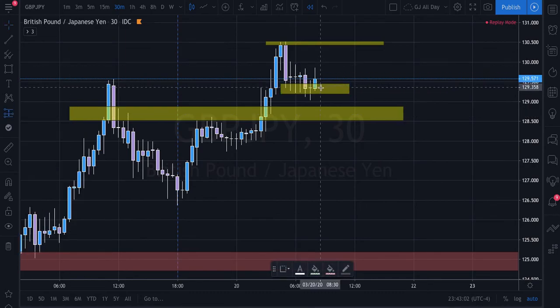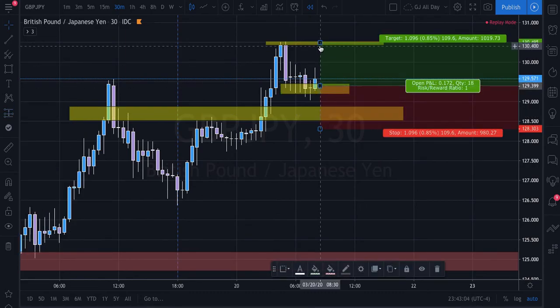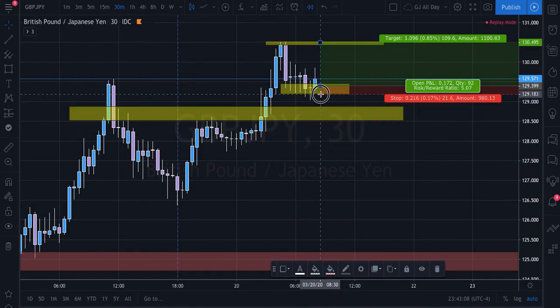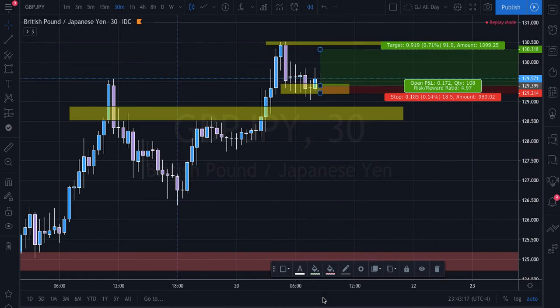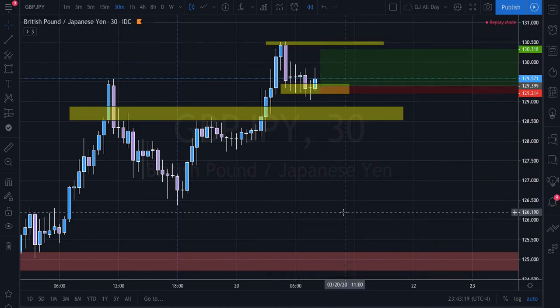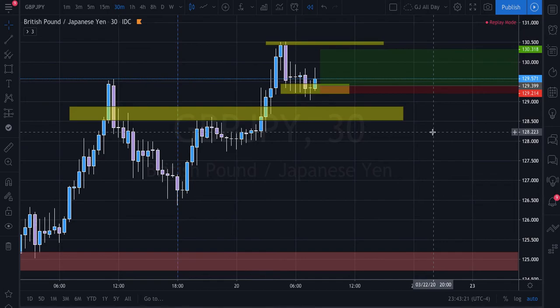Like a pullback to maybe here. We don't want to try to get the whole range, just a lot of it. Don't want to be greedy. Let's see what happens.